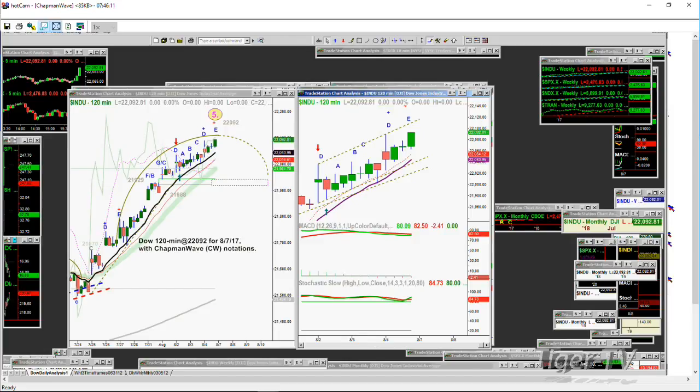Do we always get it exact? I sometimes do identify bottoms, but do we go long correctly? Not always, and that's a problem, but we tend to try to short when we get to a D or an E. We're in a leg E in the 120-minute chart in the daily. In the 120-minute chart, we're in a leg E. But that is nicely above the 9-period moving average of 22,043.